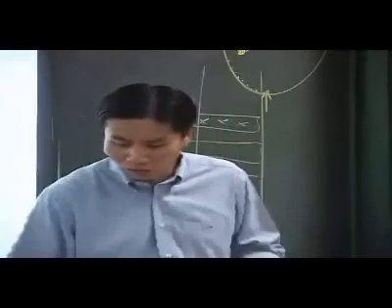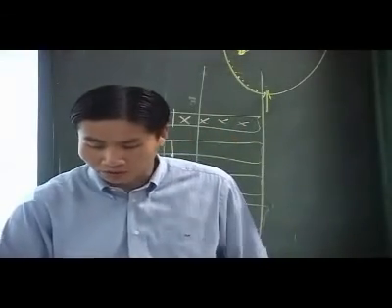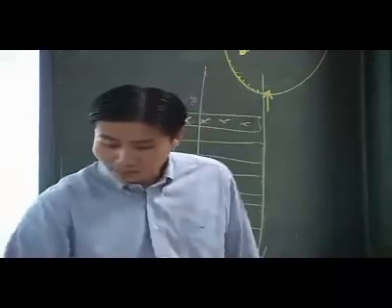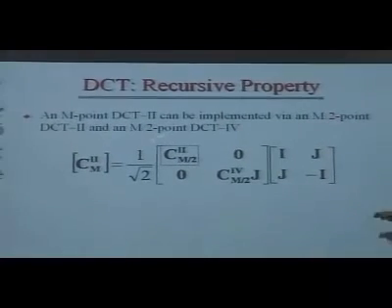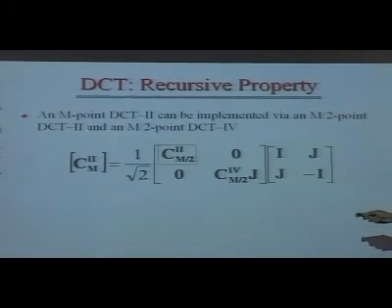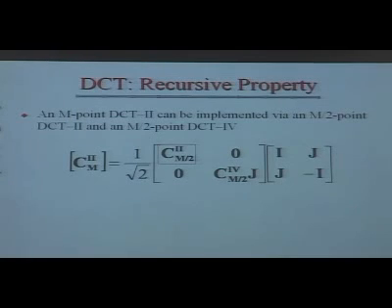The DCT also has some interesting properties, and you can show that in order to implement an m-point DCT, you can do two m/2-point DCTs, okay? But one is type 2, one is type 4. The type is in the previous two slots, okay? Just different sampling.